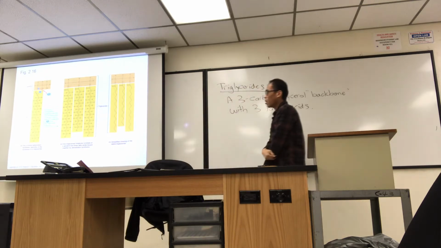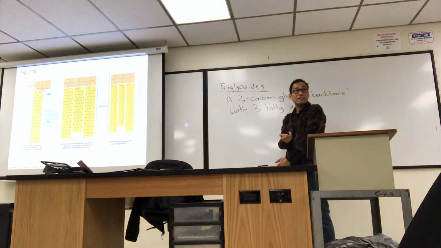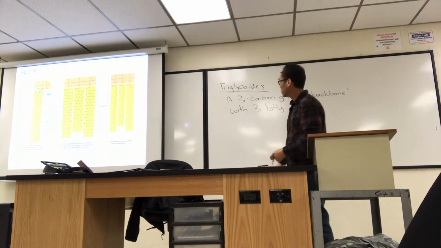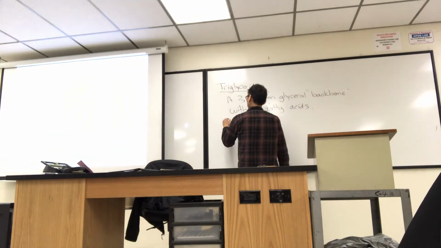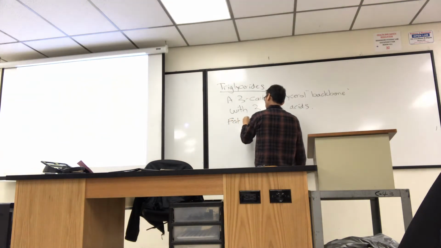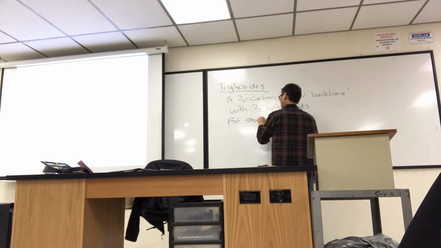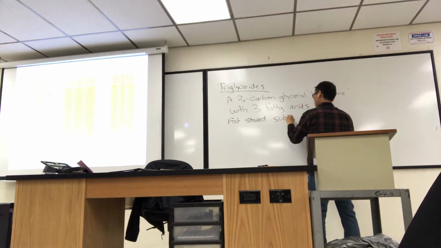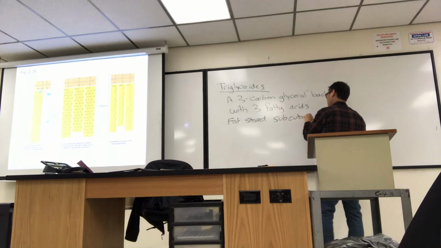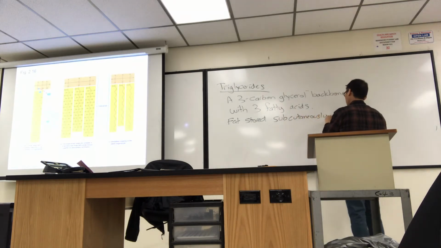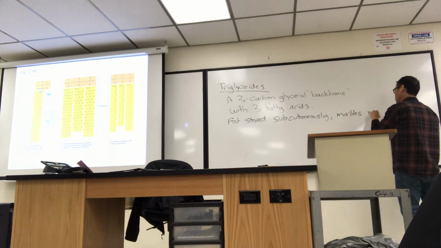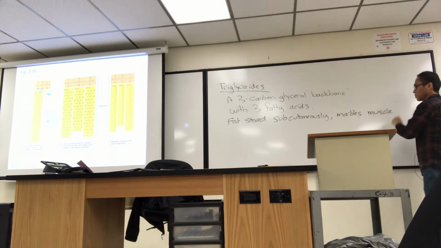And I think we know where the fat is on our body, right? It's under our skin. It marbles in our muscles. Fat is everywhere. Fat is stored subcutaneously, and it marbles muscle.